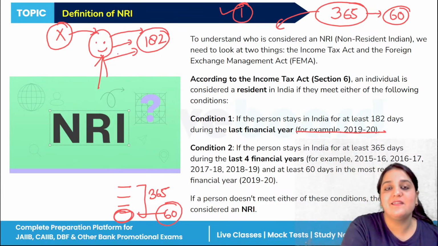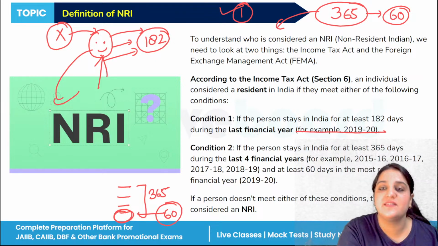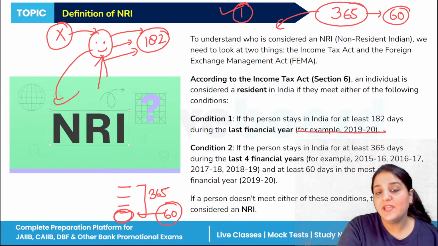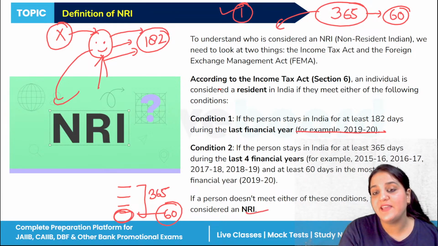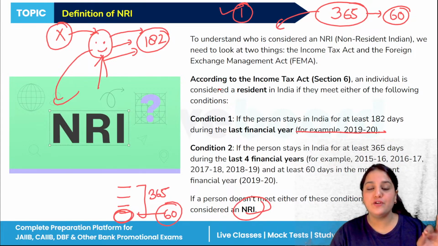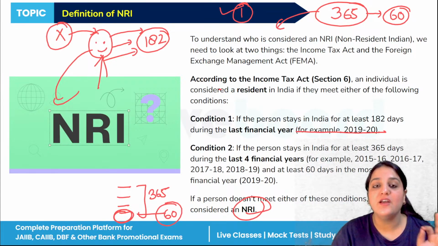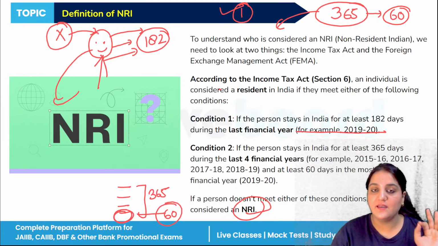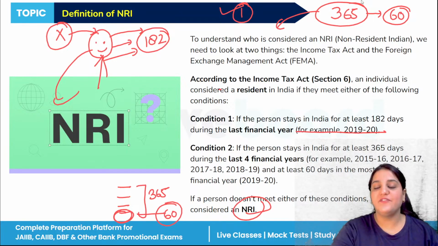So we can say Mr. X is an Indian resident. But if Mr. X is not fulfilling any condition, Mr. X is considered an NRI. Clear? This is the definition of NRI according to the Income Tax Act section 6.